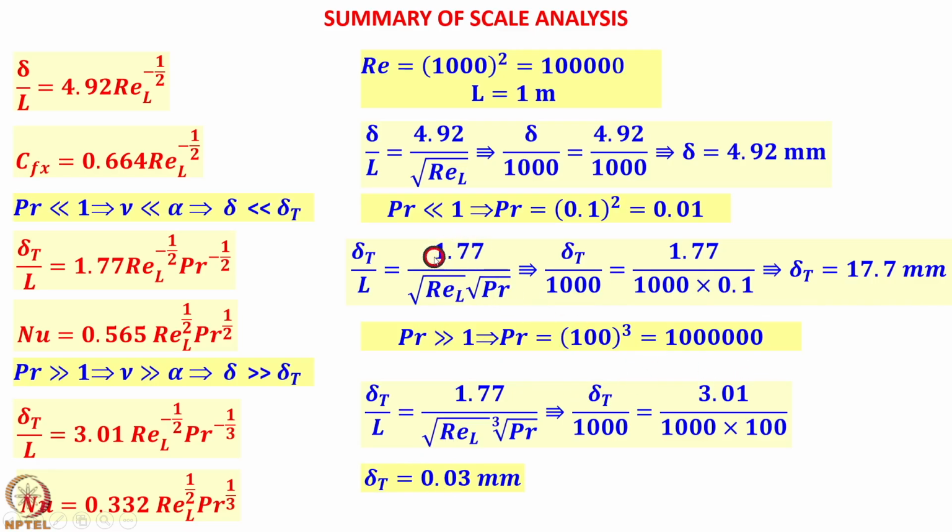So for Prandtl number less than 1, delta is less than delta_T, and for Prandtl number greater than 1, delta_T is less than delta. This is just showing through numbers to give you a feel. The length is 1 meter, but the boundary layer thickness is hardly in mm. That is what comes out from this exercise.